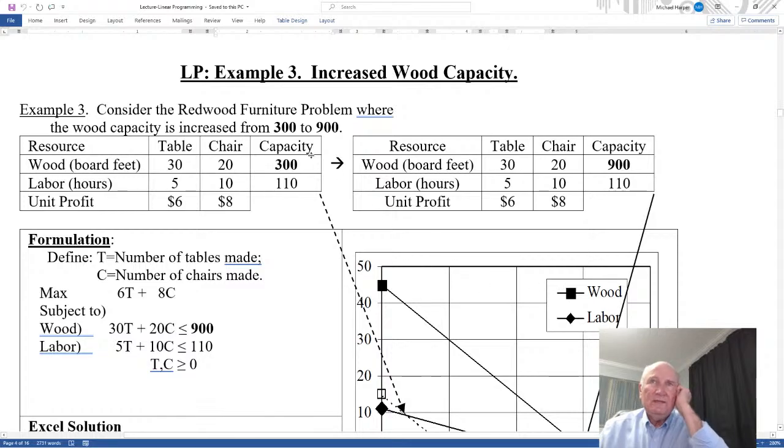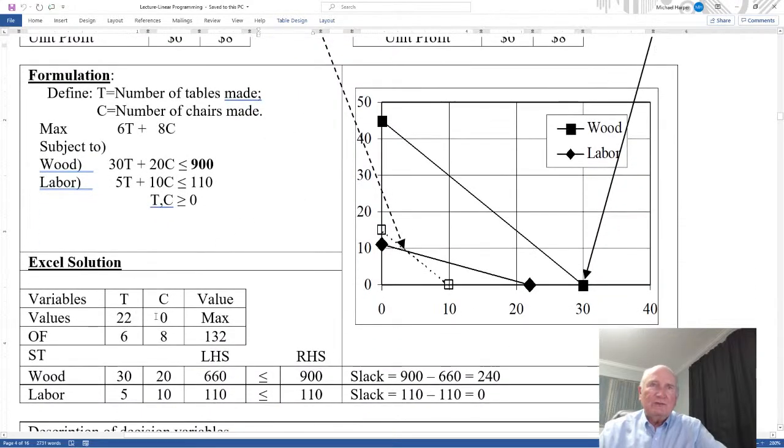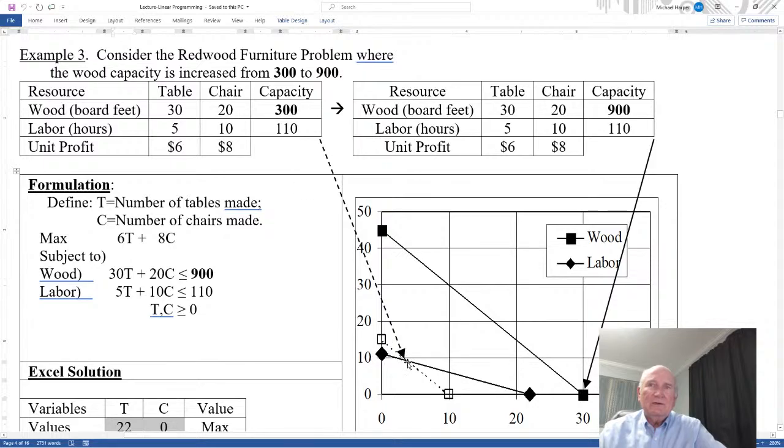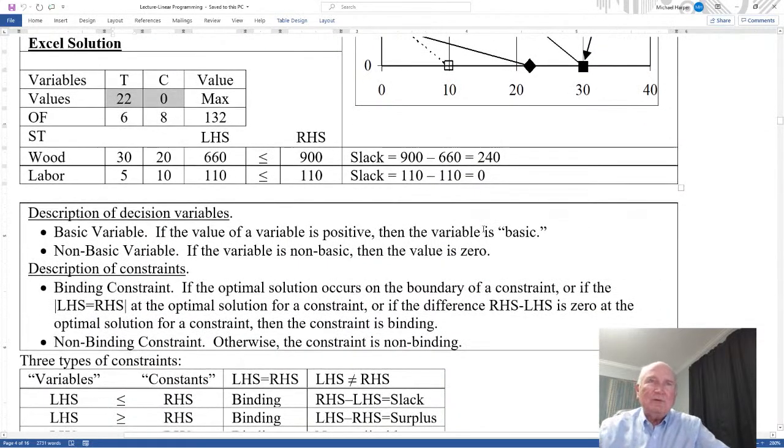Okay, now let's go from profitability to capacity. So now we go to 22.0. We went from 4.9 up here to 22.0 for this, the old one, and then this is the new one. Now I'm using this as an example to introduce some more terminology. First of all, decision variables.